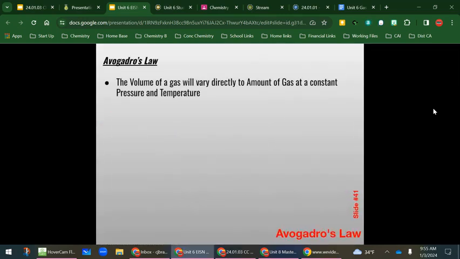And Avogadro's law, just like any of the other laws, says that the volume of a gas will vary directly. What kind of relationship? Direct. To the amount of gas. In other words, the more gas that you have, what happens to your volume? It goes up. Think about blowing up a balloon.